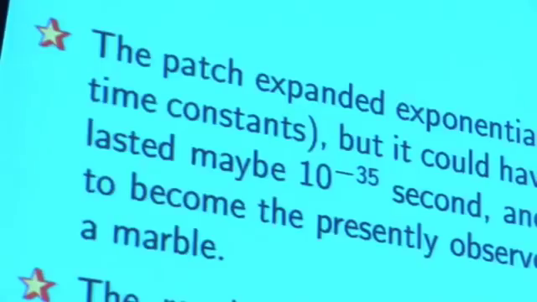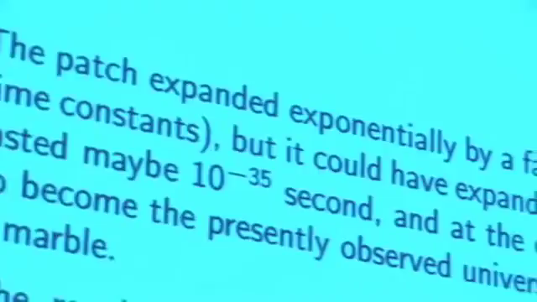The patch starts to exponentially expand. The time constant of the exponential expansion would be only about 10 to the minus 37 seconds if we were talking about inflation at the grand unified theory scale. So every 10 to the minus 37 seconds, this region of space would double or multiply by e. It doesn't matter which of those you say. And we'll keep doing that again and again.